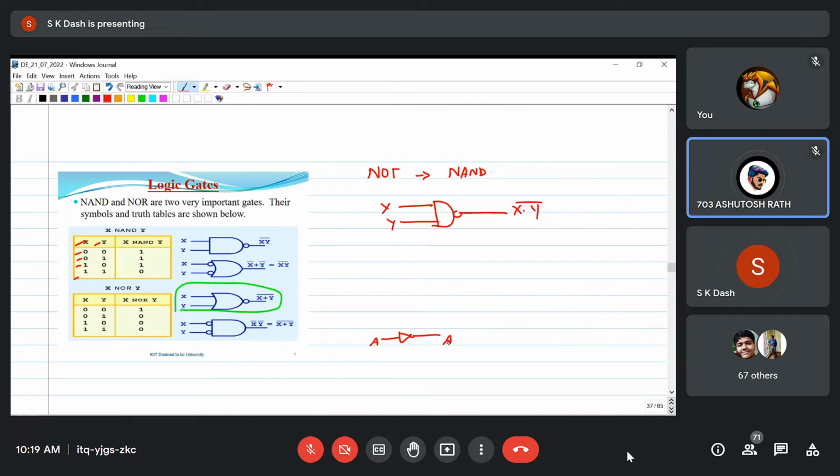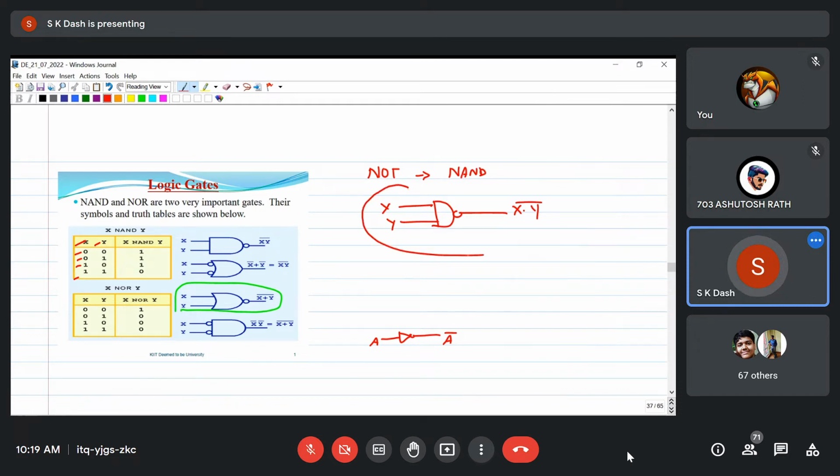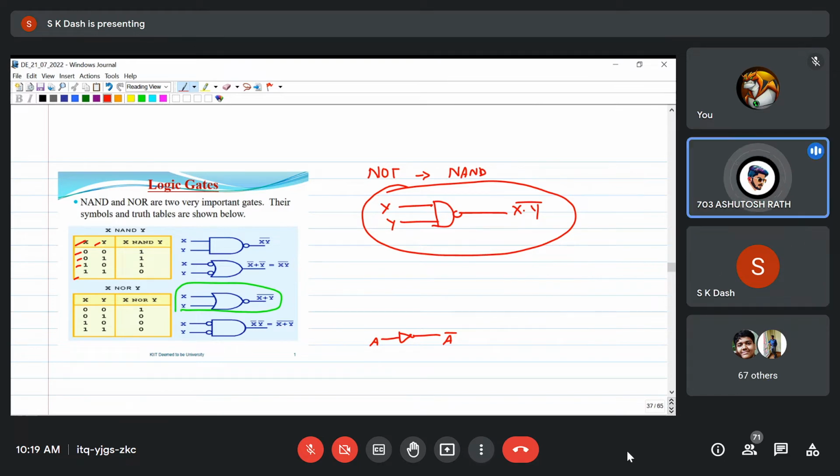Suppose A bar is there. Then what can I do here? How can I get it? What modification can I do here? Where will I apply A? So we will take A equal to x dot y.